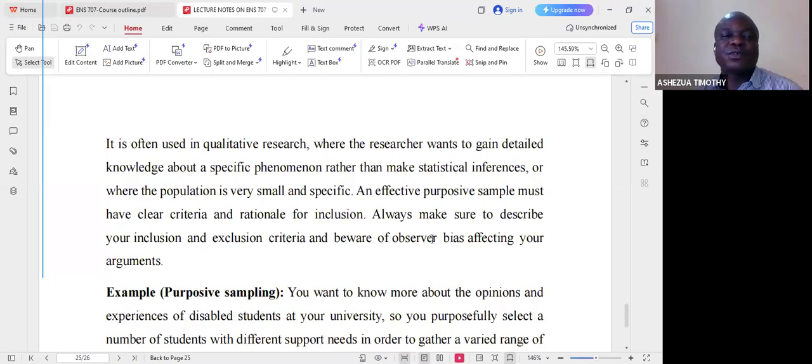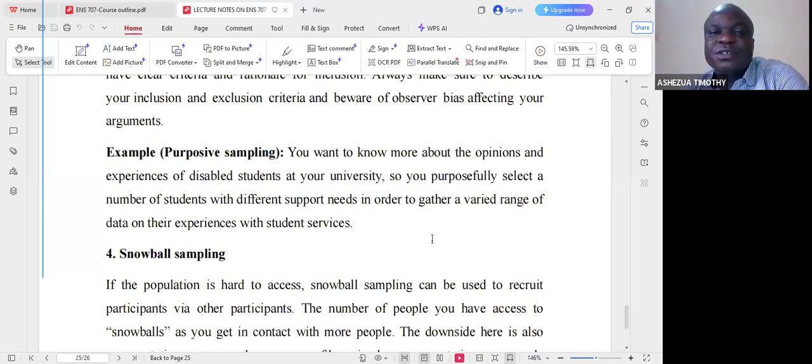Always make sure to describe your inclusion and exclusion criteria and be aware of observer bias affecting your arguments. So, an example of purposive sampling: if you want to know more about the opinions and experiences of disabled students at your university, you purposefully select a number of students with different support needs in order to gather a varied range of data on their experiences with student services.